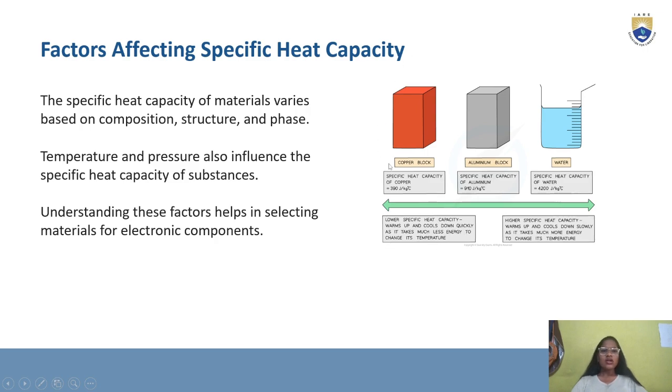Once it is heated up, it takes very little energy to change its temperature. Same with aluminum, but since it has a greater specific heat capacity than copper, it is like medium. And then we have water.